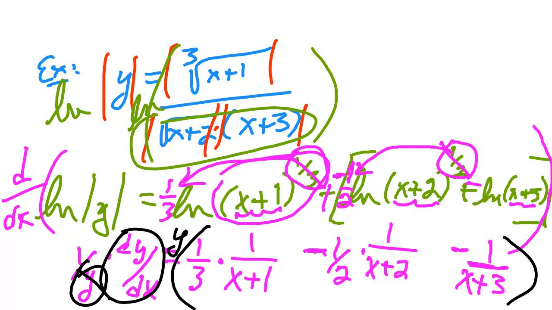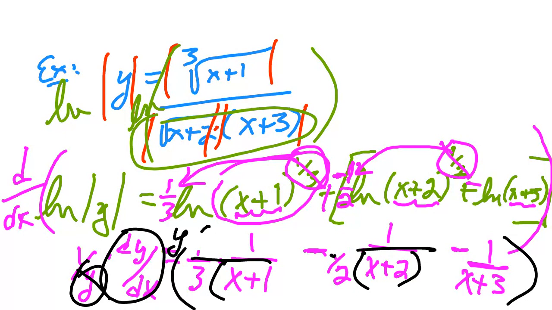So I'm going to go ahead and we can rewrite these over here as 3 times this, and then minus 2 times that, and then minus 1 times that. So let's get rid of one of these ones on top.